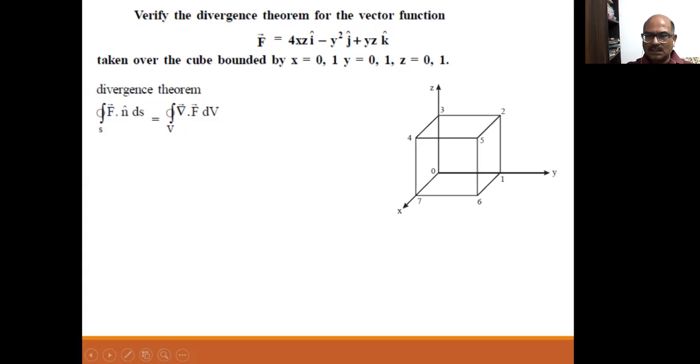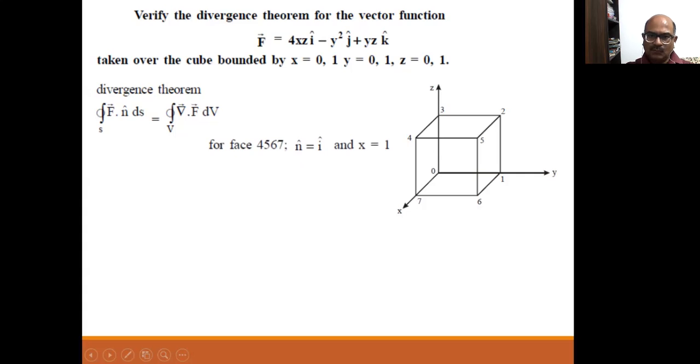Its side is 1, so in all three directions the stretch is 1 unit: 0 to 1 in x direction, 0 to 1 in y, and 1 unit in z. So we can identify the planes, and first of all we will find the values of these surfaces, because on the left hand side this is the surface integration.